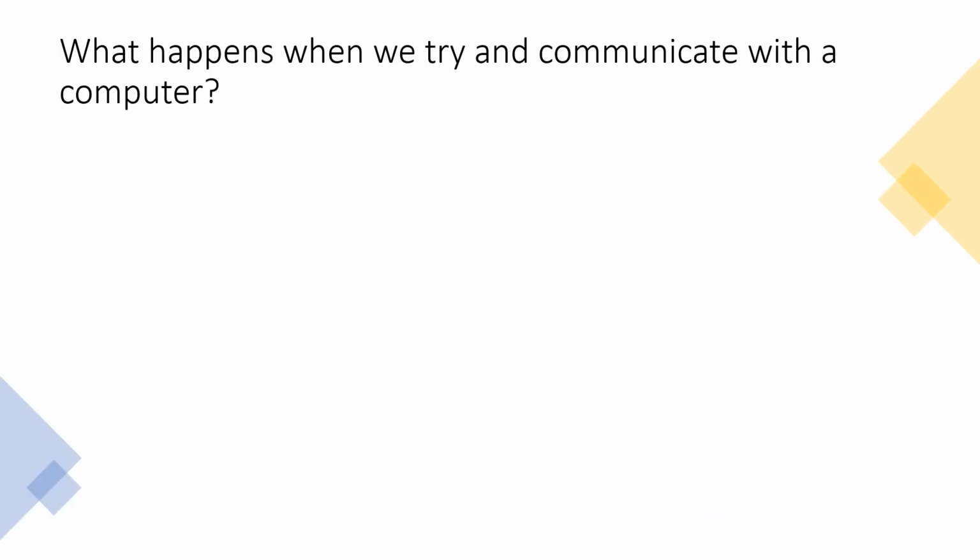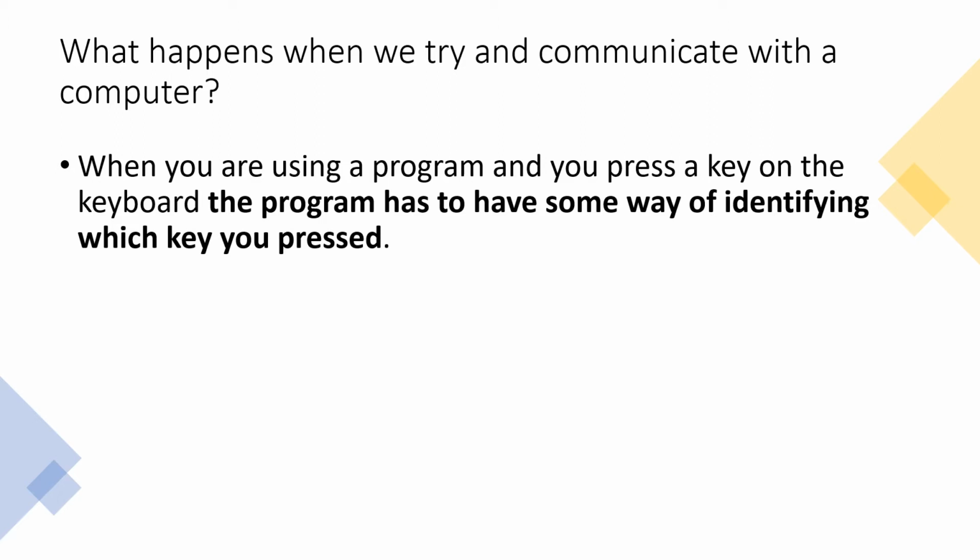So, first of all, what happens when we try and communicate with a computer? It doesn't matter what program you're using, you'll be interacting with the computer in some way. Usually when you're typing away on a keyboard, the program has to have some way of identifying what happens when you press keys.